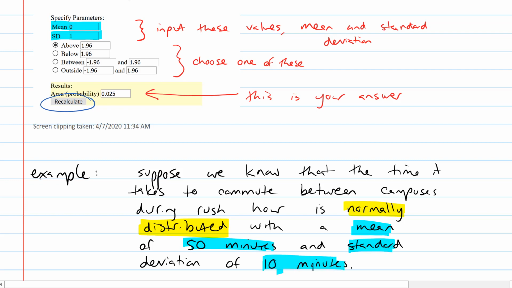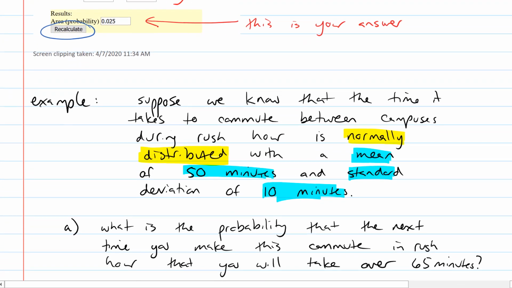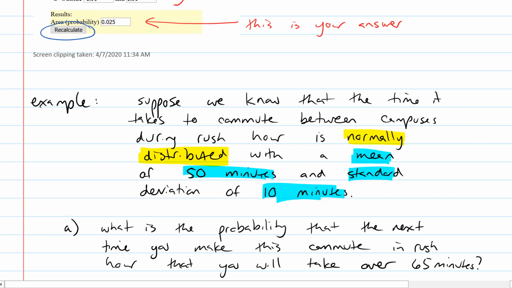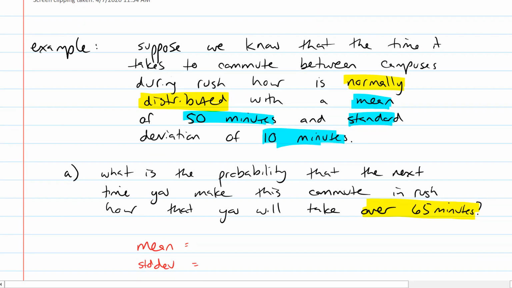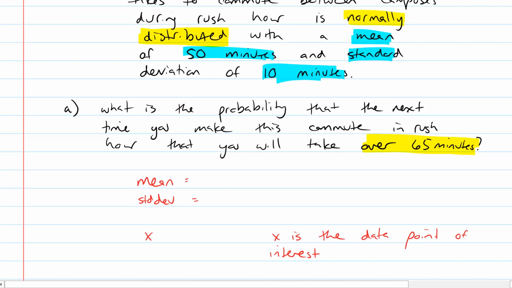of 10 minutes. And our first question is, what is the probability that the next time you make this commute in rush hour that you will take over 65 minutes? So what we're looking at here is our x value, our data point of interest, is 65 minutes, and we want the probability above that. So if you make a couple of notes here, you would say that the mean is 50.